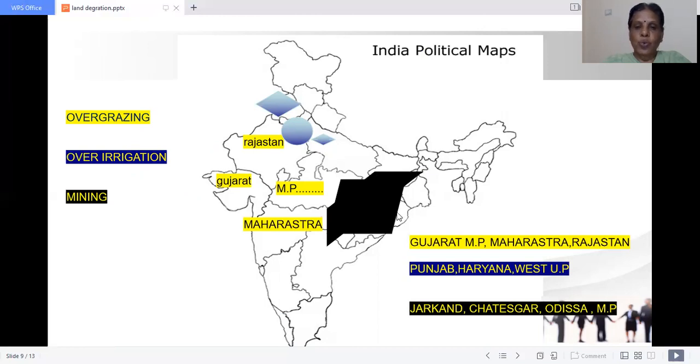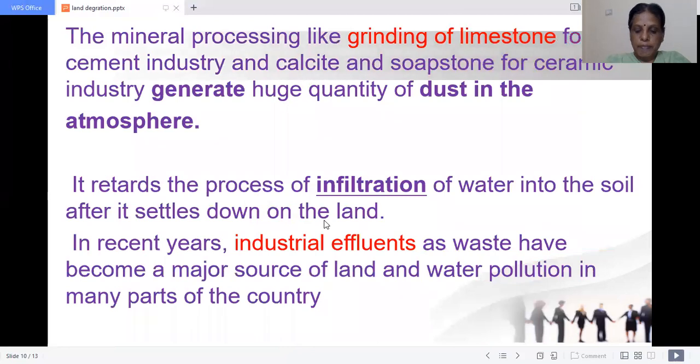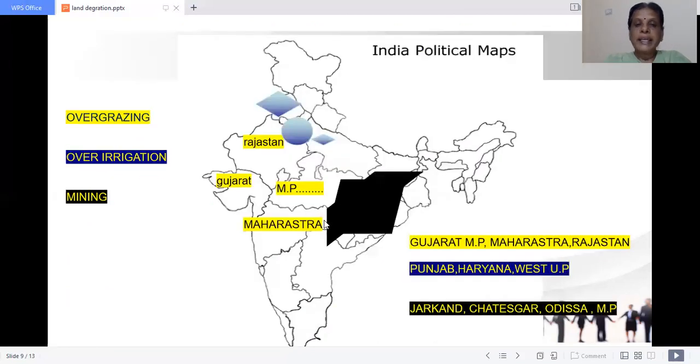They are rich in minerals. So for mining, they clear the forest, I mean deforestation, and after mining, they leave the land as it is. So these are the reasons.